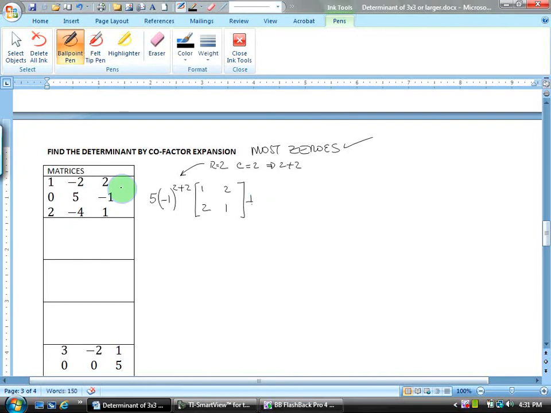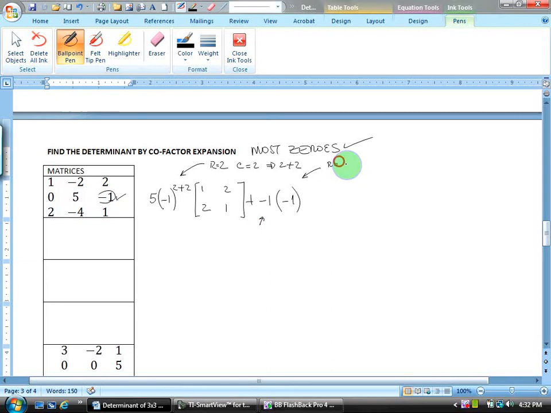We add who? Well, we're going to work with the minus 1 this time. So minus 1. Now, this minus 1 is the guy from the matrix, but we still have to put the other minus 1 to the power of this minus 1's position. Okay, this minus 1 is row 2, column 3.